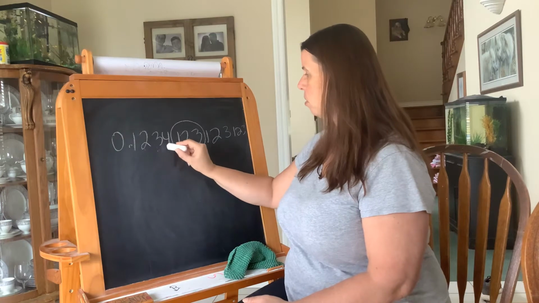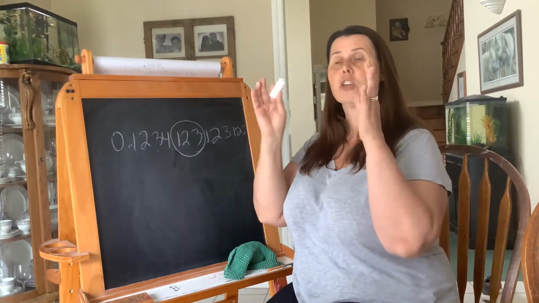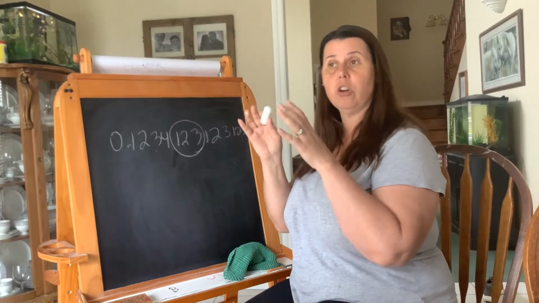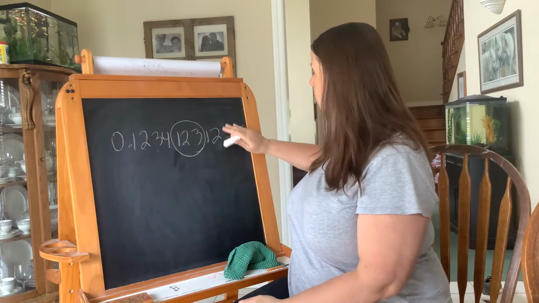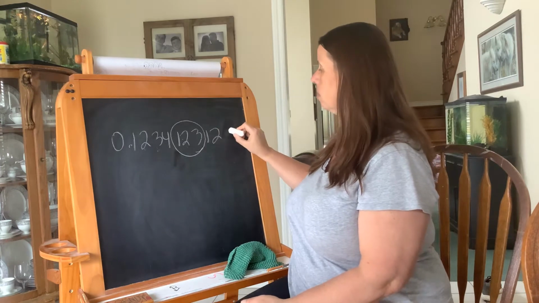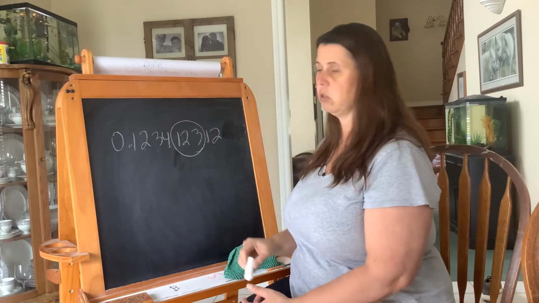Not 1 2 3 4, because the 4 does not repeat. You have to find the place where the pattern starts so that you know which piece will keep repeating. And even though this wasn't filled in, 1 2 3 1 2, it wouldn't make sense that it was 1 2 3 4. So it would be 1 2 3.